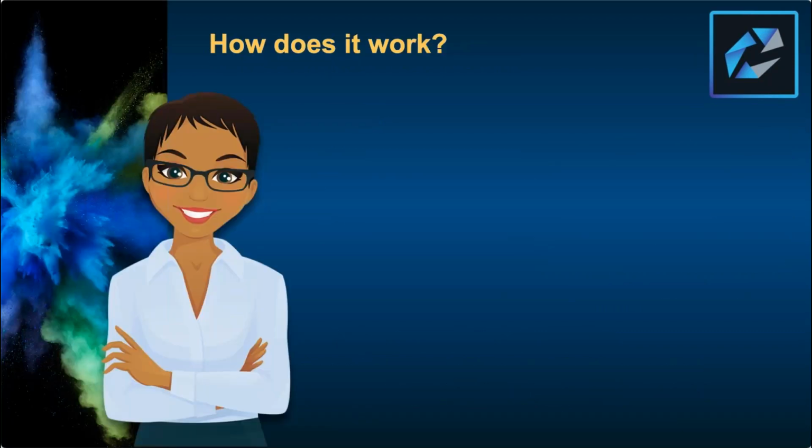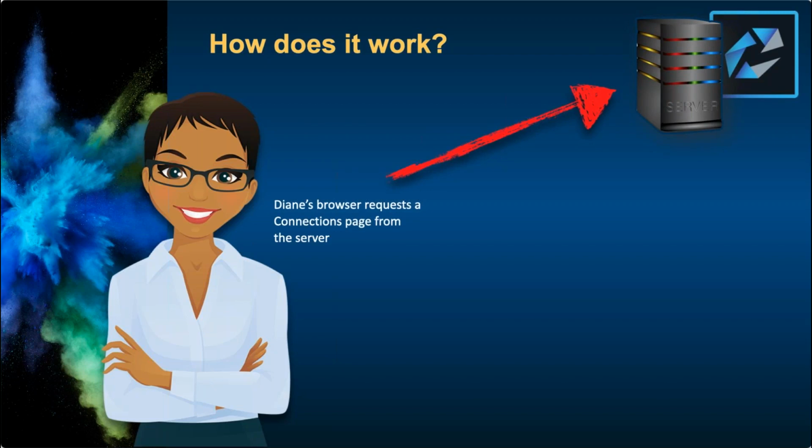So how does it work? We'll go through a simple example of how typically an end user requests content from Connections and then gets it back. So here we have Diane, and with her browser, she's requesting one of the Connections pages simply from the Connections server, right? So far, no magic. It's just a browser with a typical request to the Connections server.